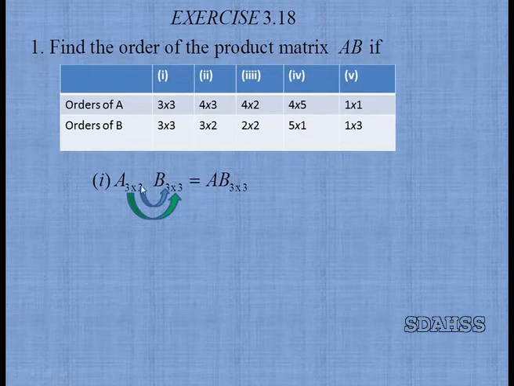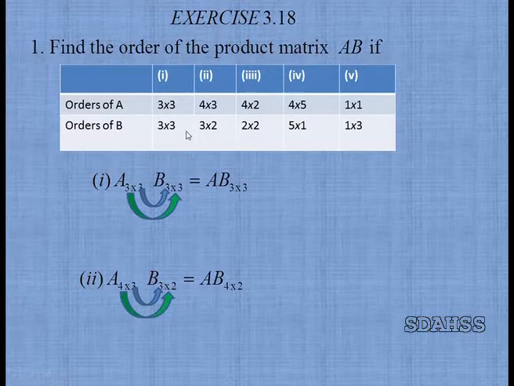Here the number of columns and number of rows are both equal, so if you multiply AB, its order is 3 cross 3.